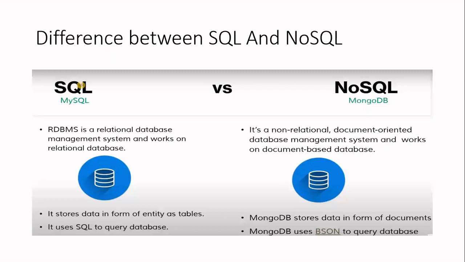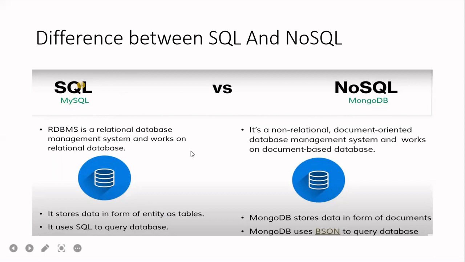And when you talk about MongoDB, we have to understand first what is SQL and MySQL and NoSQL, because MongoDB is based on NoSQL. In SQL, RDBMS is a relational database management system and works on a relational database.